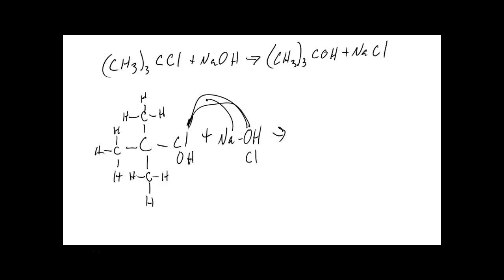What it says here is only the concentration of T-butyl chloride controls the rate of reaction. But in this reaction, CH3Cl plus NaOH goes to CH3OH plus NaCl.